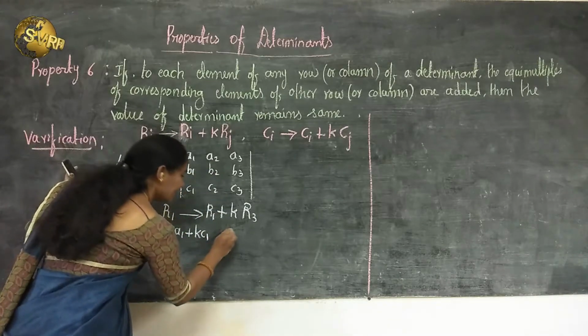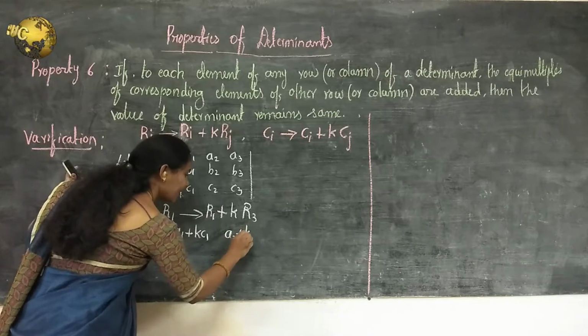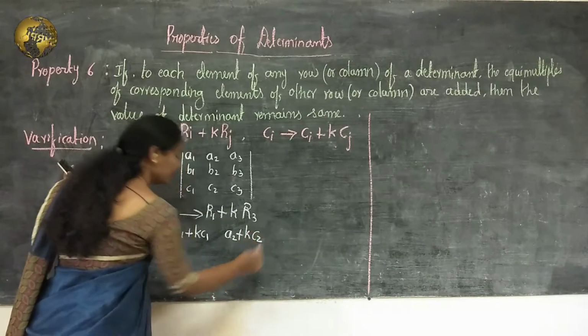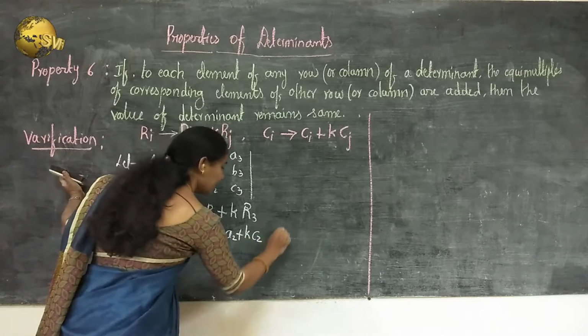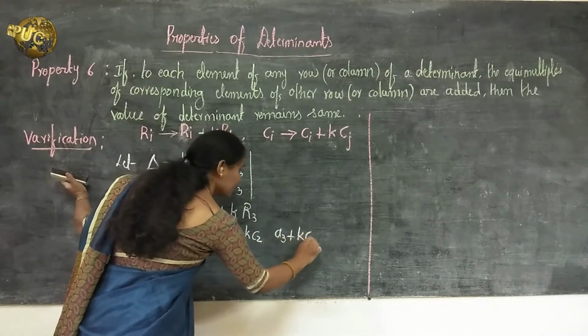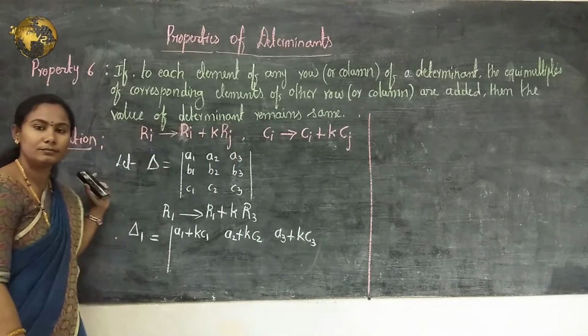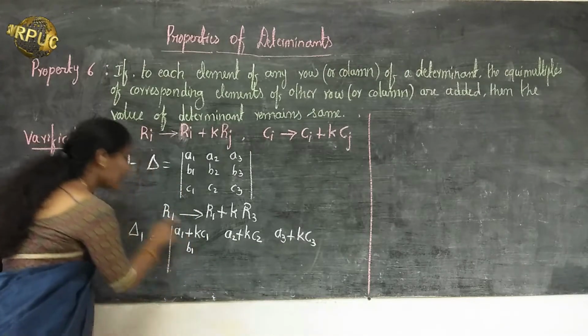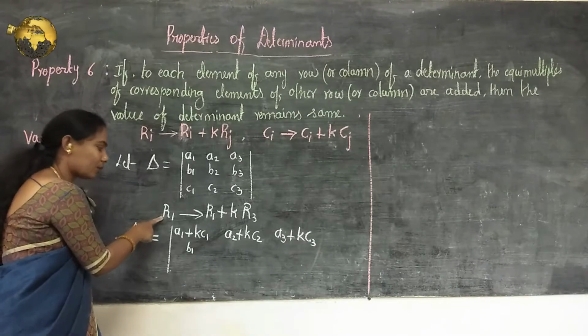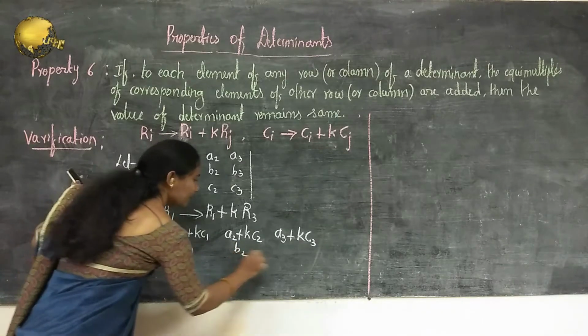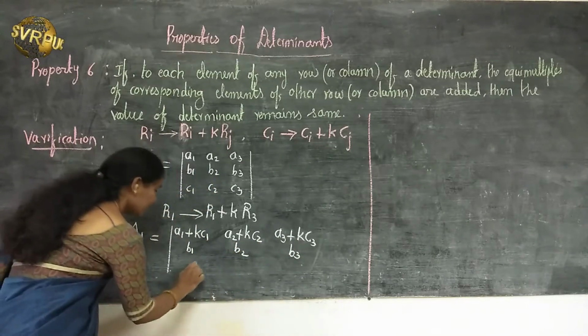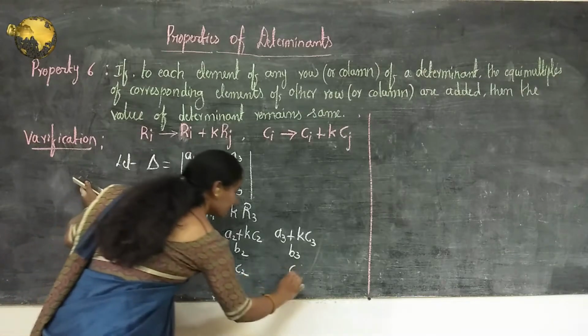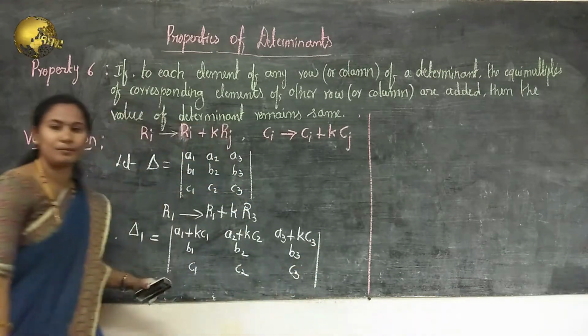Like that, the second element is A2 plus K into C2, and the third element is A3 plus K into C3. The rest is as it is, so I am not changing it. I am changing only row 1. B1, B2, B3, C1, C2, C3 will be as they are.